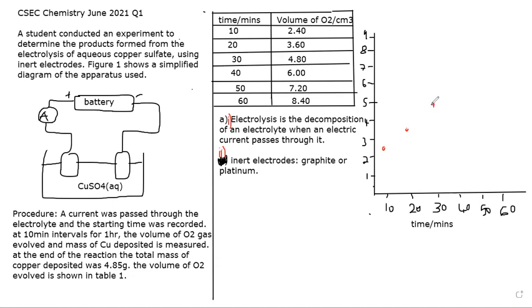Again, you would have your graph paper to do it more accurately. And then 40, 6, so we have 6 going across to 40. And then 50, 7.2. And then 60, 8.4.